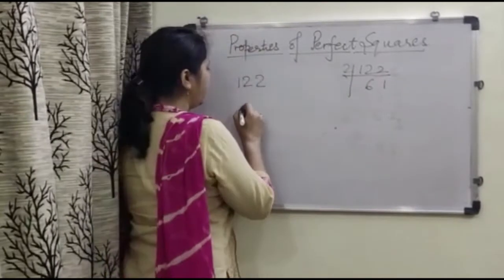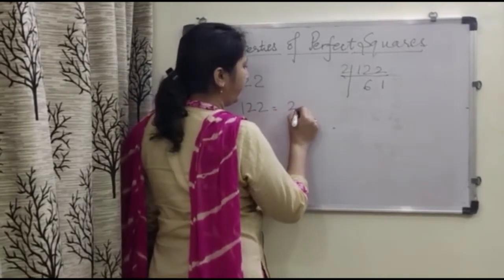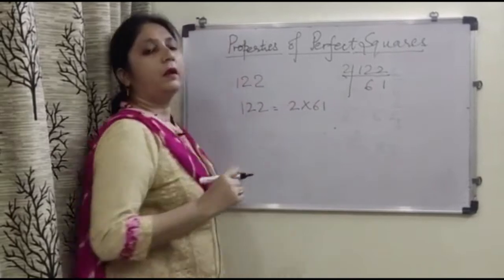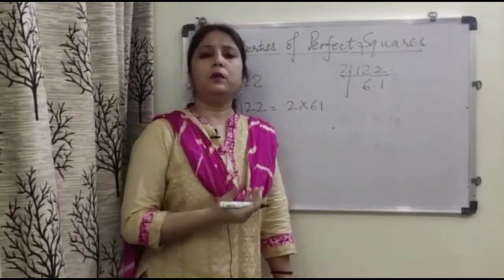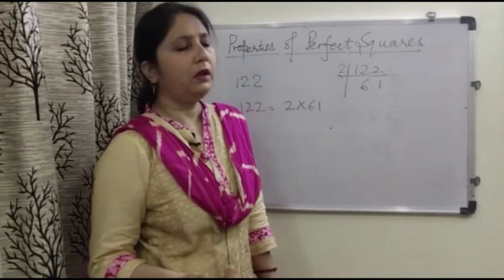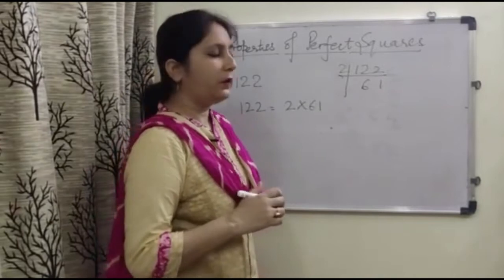So its factorization, when we write, comes 2 into 61. As the pairs are incomplete, the number is not a perfect square. So the number that ends with 2 is never a perfect square.